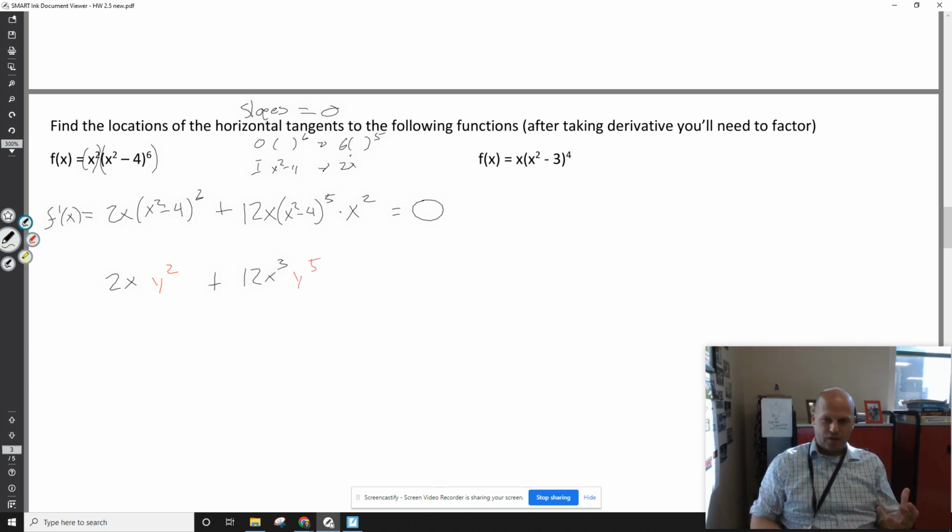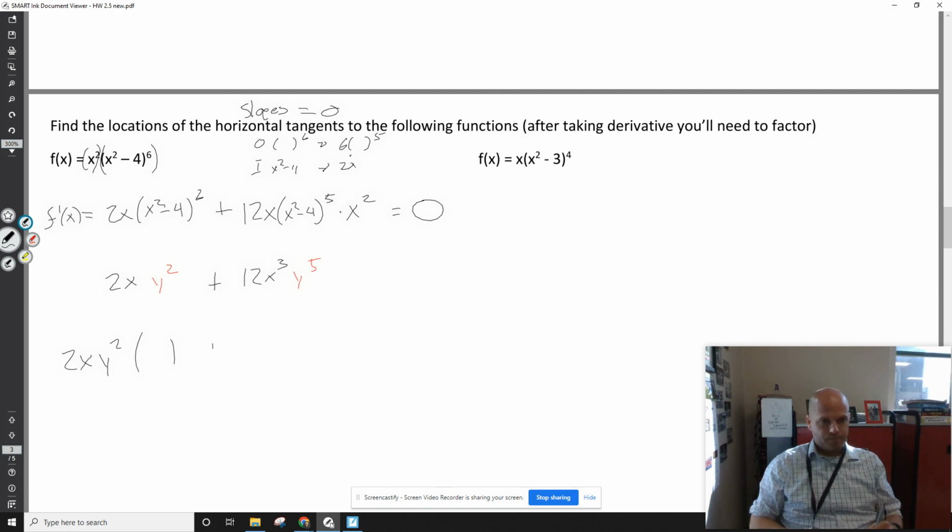Now, if I asked you to factor out a greatest common factor from this, you'd be able to do it. What do they share? They share a 2. They share an x. And they share a y squared. Okay? I factored everything out of the first piece, which means I just have 1 left over, right? Like I divided it out, we have 1.